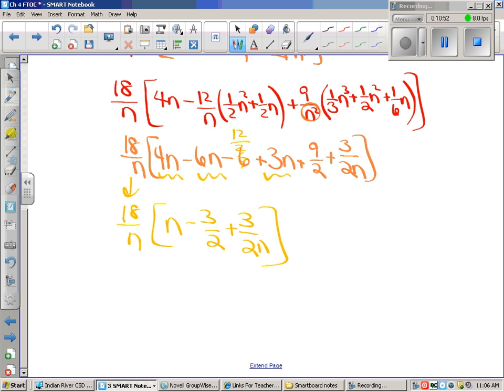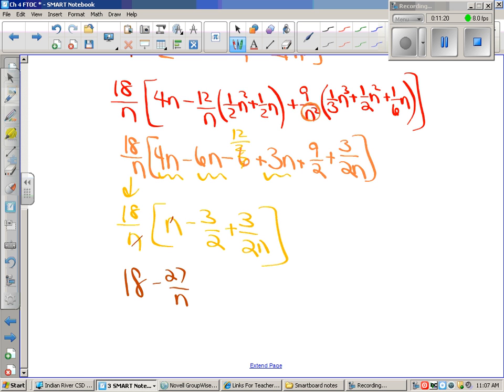And what do I do next? Distribute through with this 18. 18 over n, and this n leaves me with 18. The n's divide out. Right? 18 times the negative 3 halves is negative 27 over n.